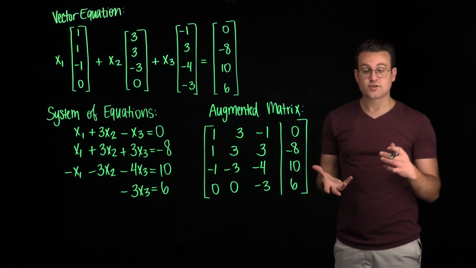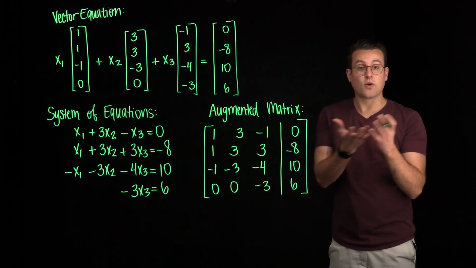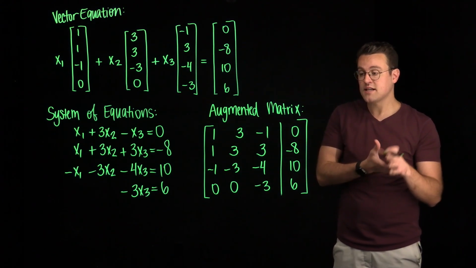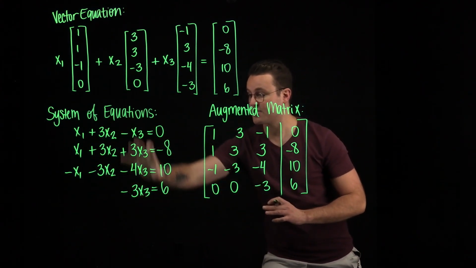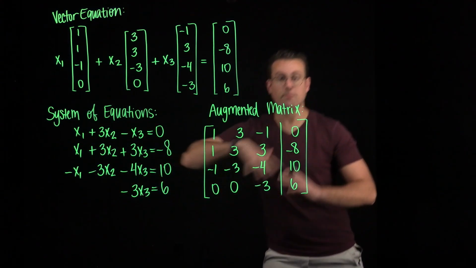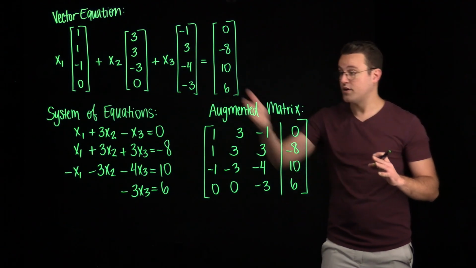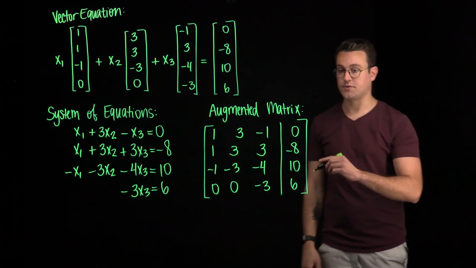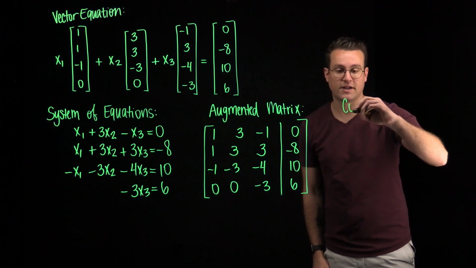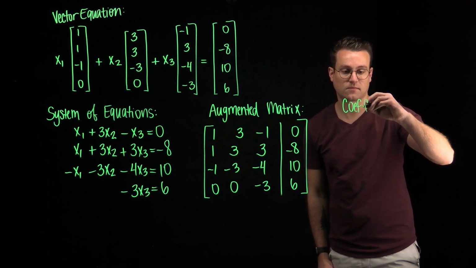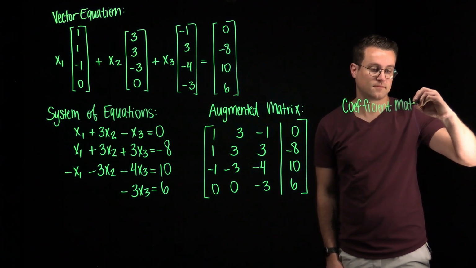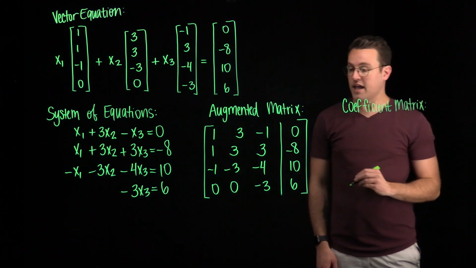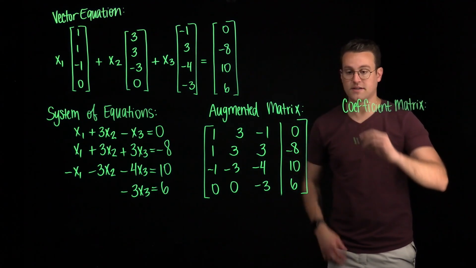The other thing we might be interested in doing is writing what we call a coefficient matrix, and that's just this piece right here that deals with the coefficients of the variables, but doesn't care about the equals. It doesn't care about those constants that we're equal to. So we can also write the coefficient matrix. And this loses this piece here.